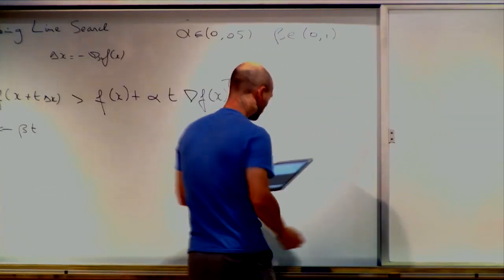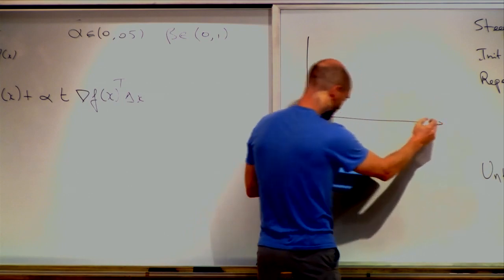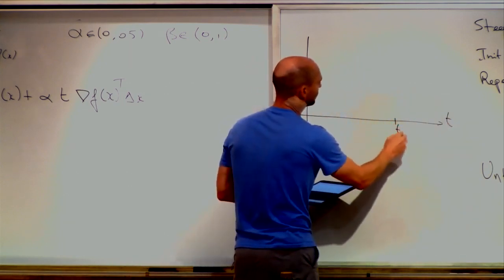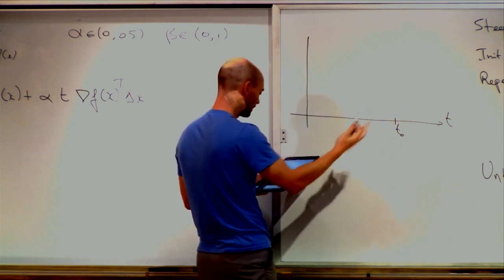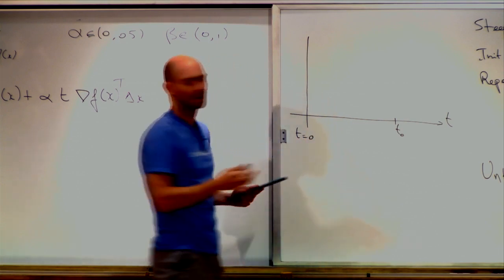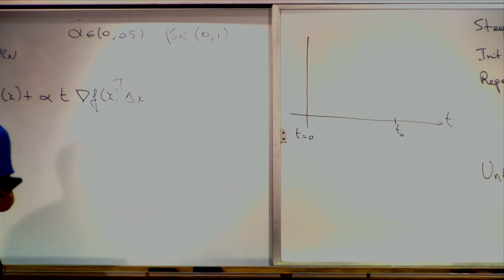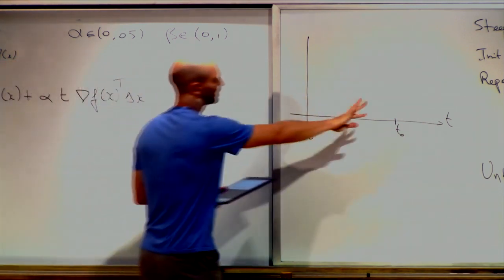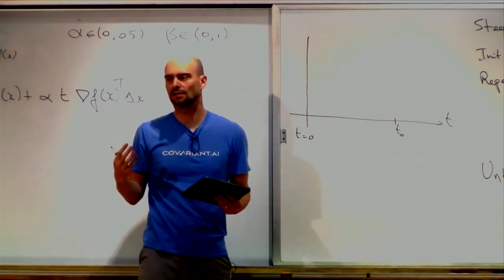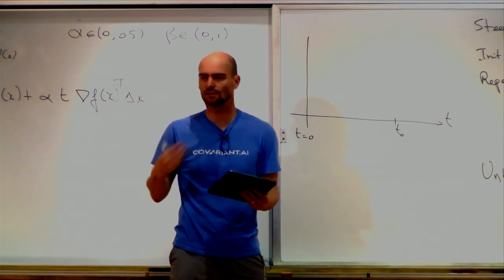We have our t-axis, our t0 that we started with, or our current guess, we have our t equals 0. We cannot go below 0, because then we're stepping in the opposite direction. We're going to go up instead of down. We also don't want to make it tiny from the beginning, because then we don't make much progress. So we're always going to start with something relatively large and then backtrack to make it smaller until we indeed are descending.